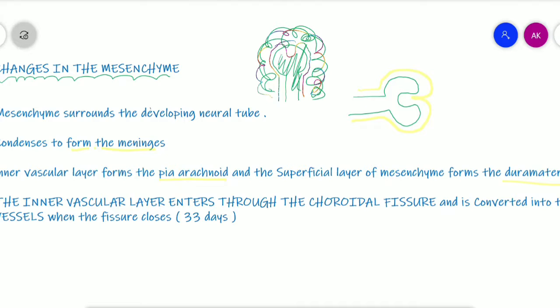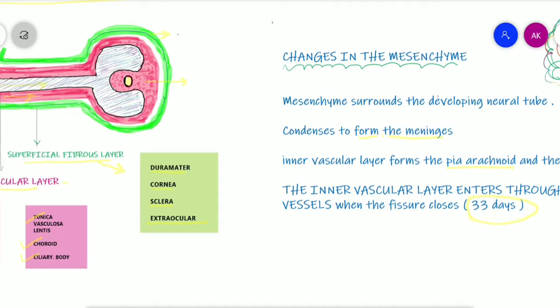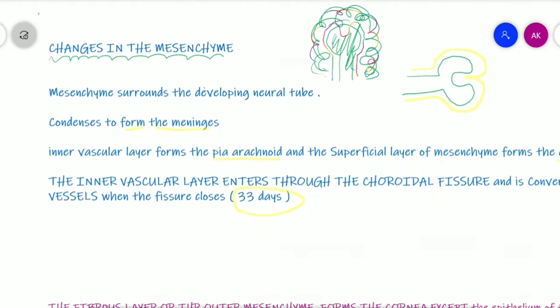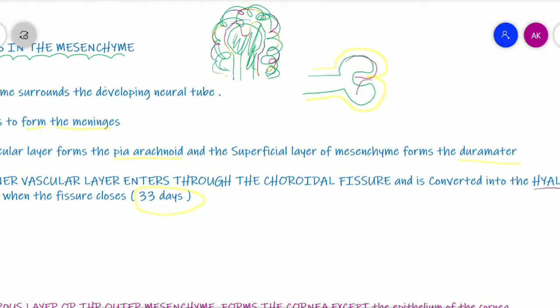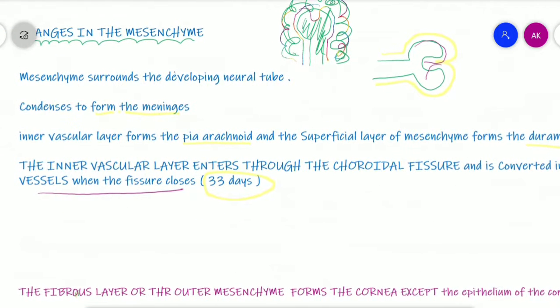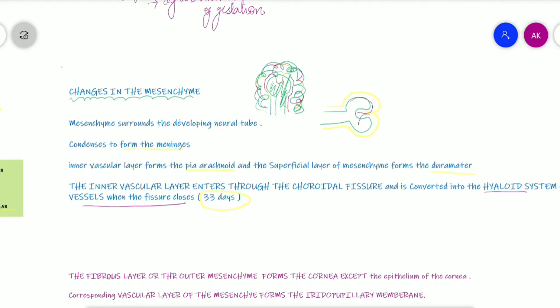Now what happens on day 33 is that the inner vascular layer, the red mesenchyme, that is the deep vascular layer over here, will enter through the choroidal fissure, and in the eye it will get converted into the hyaloid system of vessels when this fissure closes, at about 33 days of gestation.